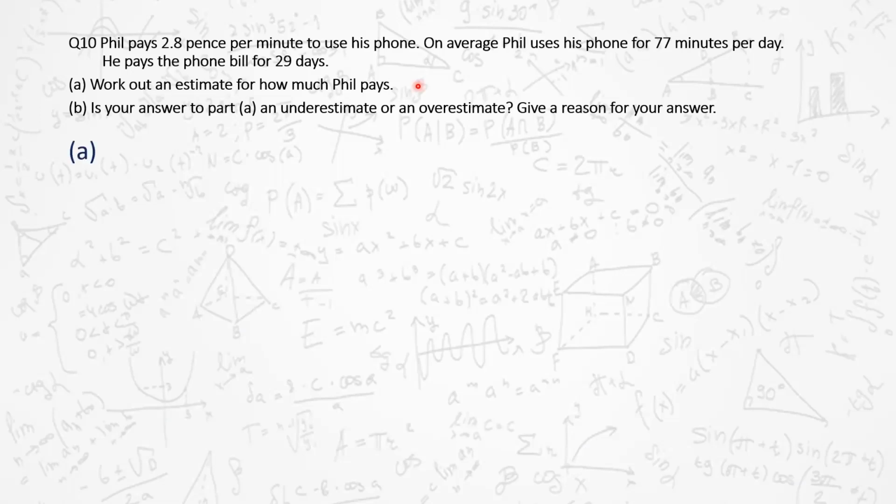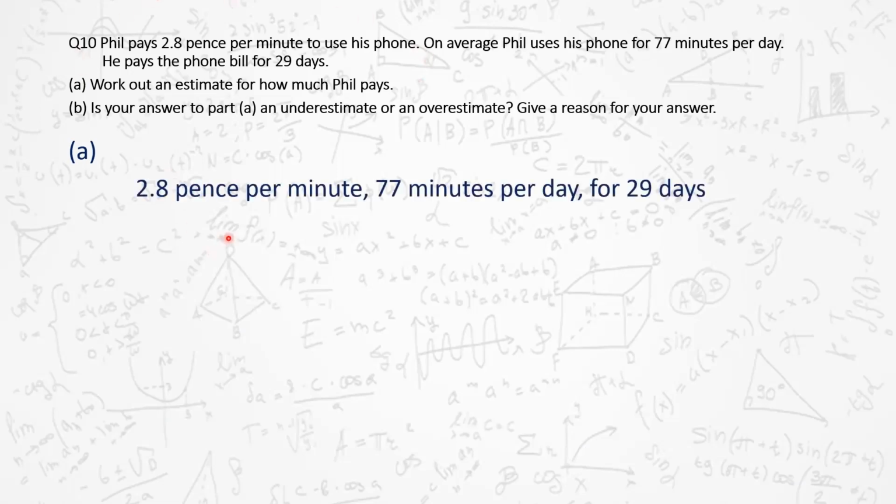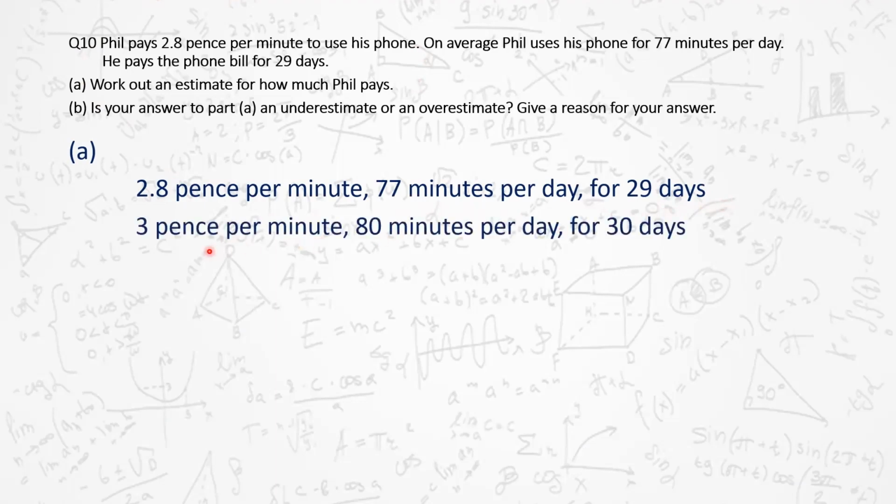Okay, let's look at part A, what we were given. We were given Phil pays 2.8 pence per minute and he uses 77 minutes per day and it's for 29 days. Now let's do the estimate. 2.8 could be rounded up to 3, 77 rounded up to 80, and 29 rounded up to 30.